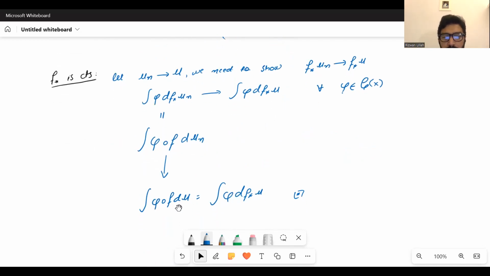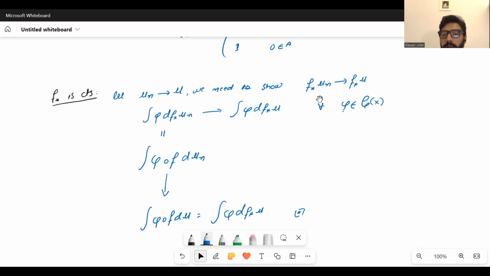Using the same technique, I can write it like this. In other words, I prove that this integral converges to this integral, which ensures that f star mu n is converging to f star mu. So we proved that associated to a continuous function, the push forward is always continuous.